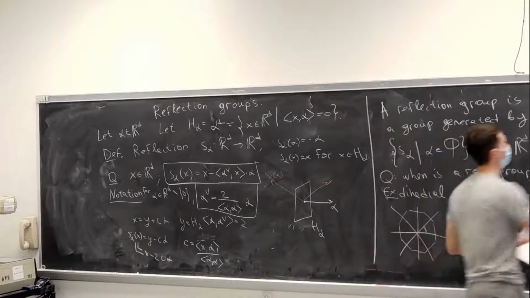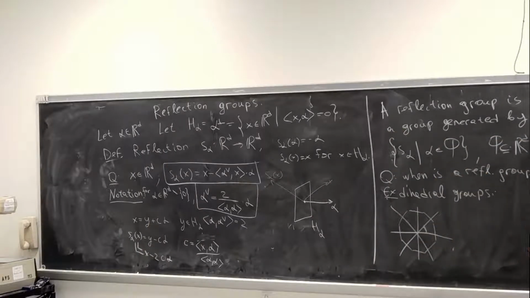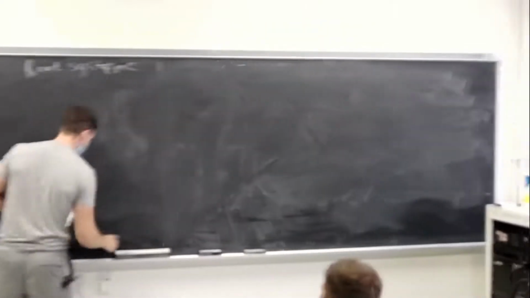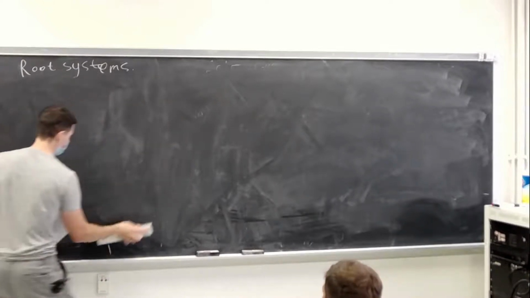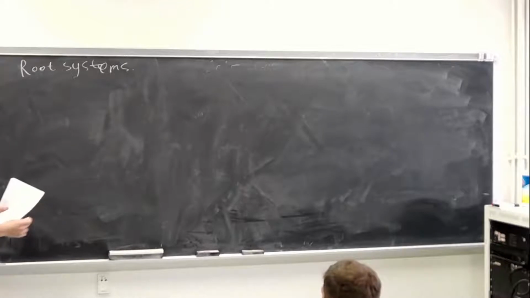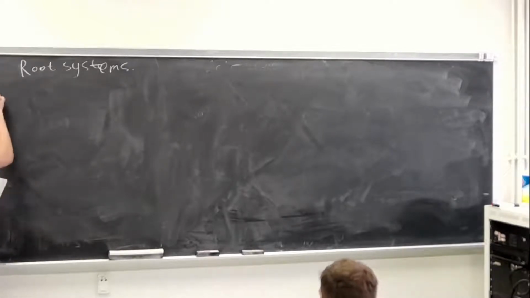So let me try to introduce root systems, which, if you've never seen this before, then I should say that these are one of the most important objects in mathematics. They just appear everywhere unexpectedly. They classify Lie groups and Lie algebras and cluster algebras and all kinds of stuff. And so it's cool to know about them because they may show up in whatever you're studying in your math career. So what is a root system?